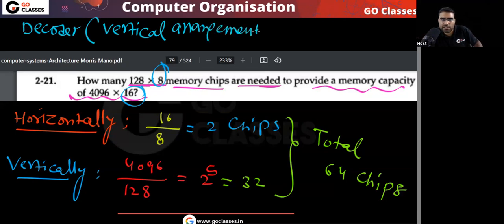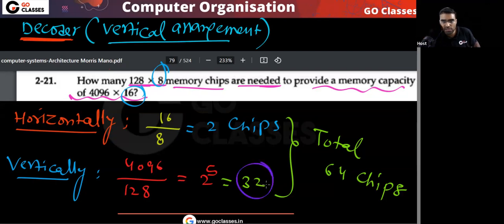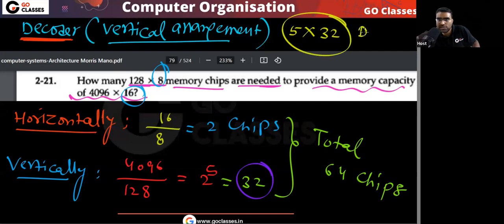So what will the decoder size be? You can see vertically there are a total of 32 chips. There are 32 chips vertically. So you need a 5 by 32 decoder.